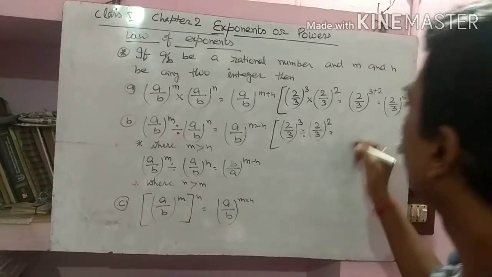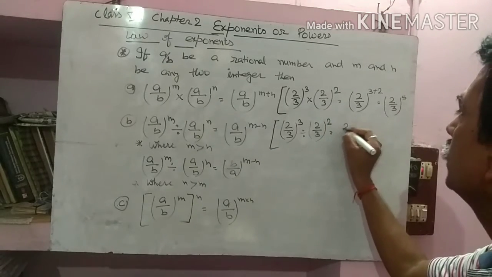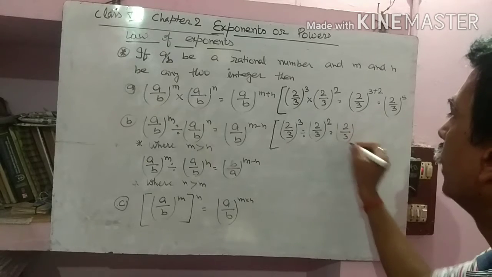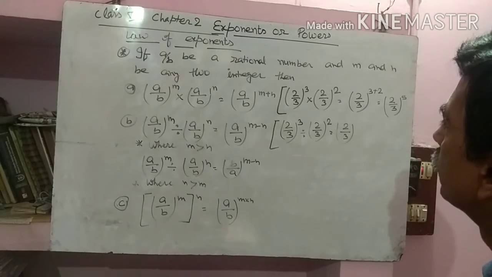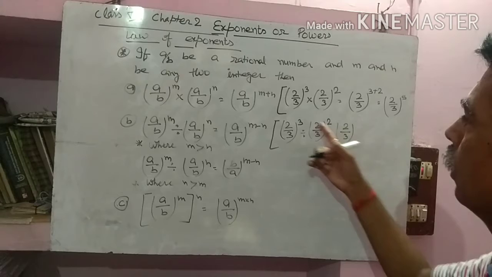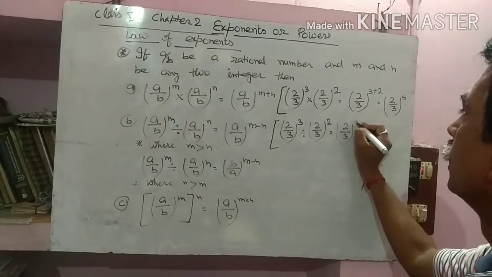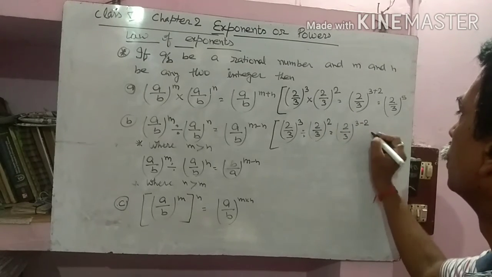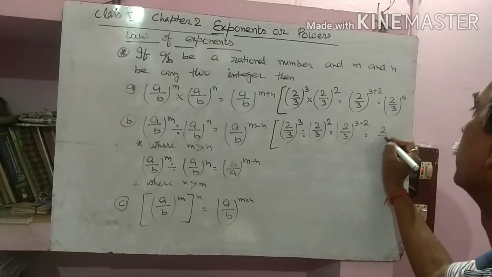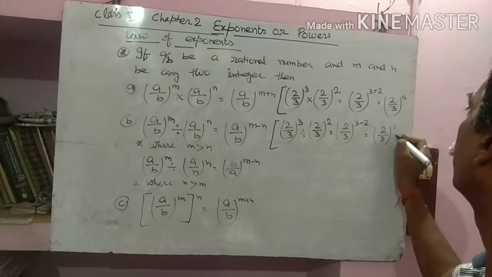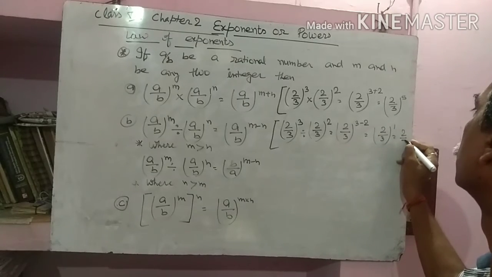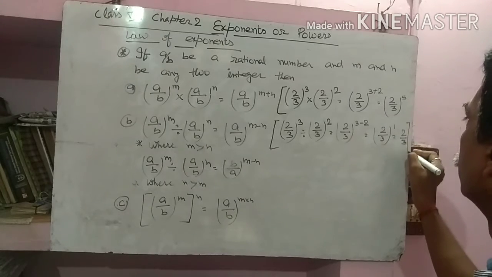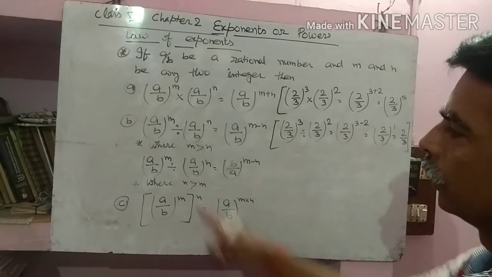It means take the common base, which is 2 by 3, and we have to subtract the smaller power from the bigger power, which is 3 minus 2, which is 2 by 3 to the power 1, or 2 by 3 only. Is it?